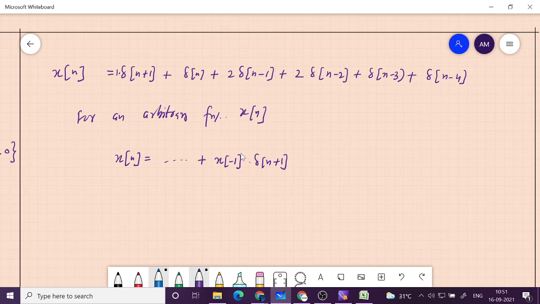Here it was 1, doesn't mean that every time it will be 1. For another function it may be 2 or 2.5 or 3, whatever.